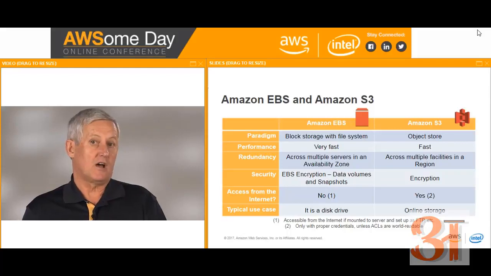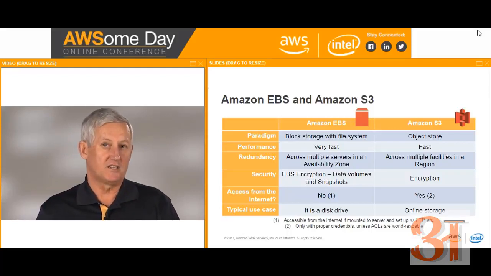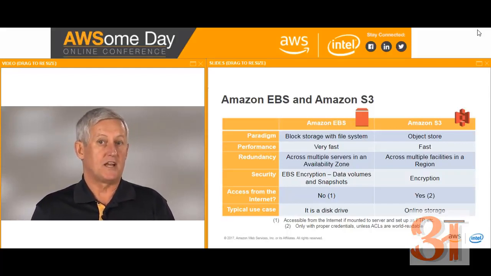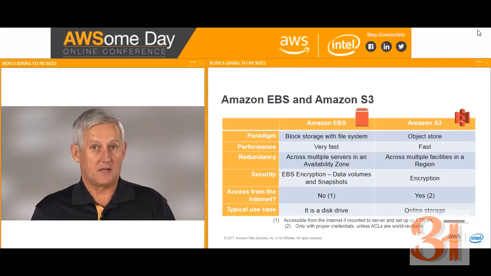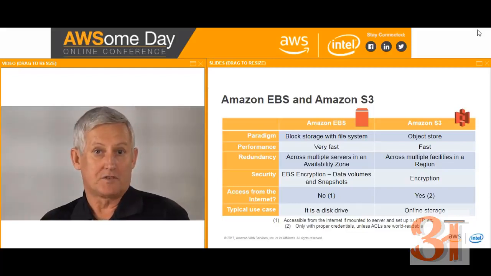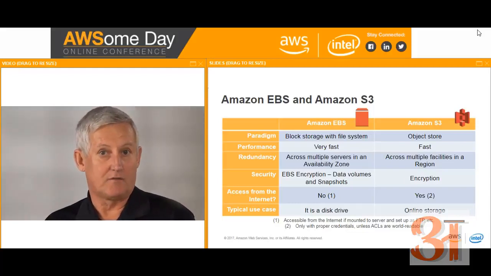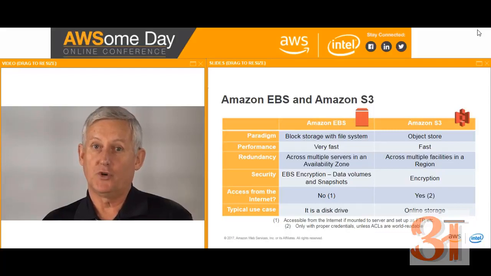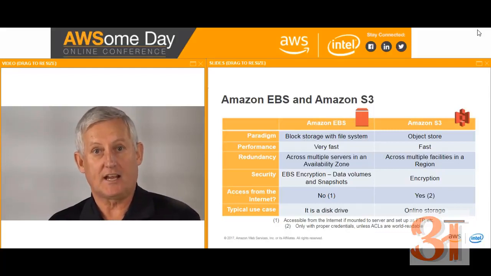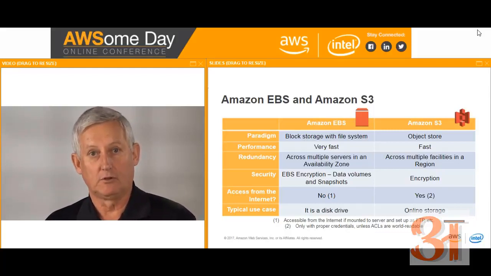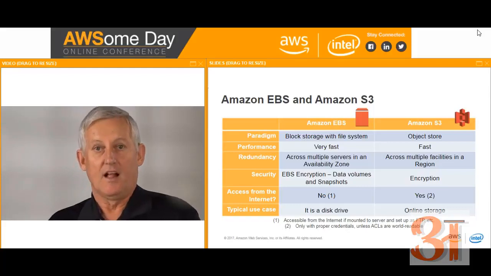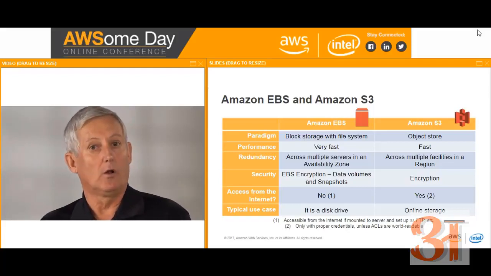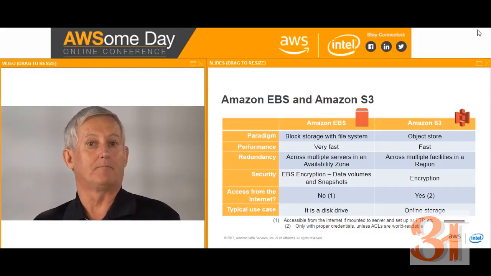The table in this slide illustrates the significant differences between Amazon S3 and Amazon EBS. EBS volumes are network-attached hard drives that can be written to or read from at a block level. Amazon S3 is an internet-accessible, object-level storage service. This means that you must write whole objects to S3 at a time.